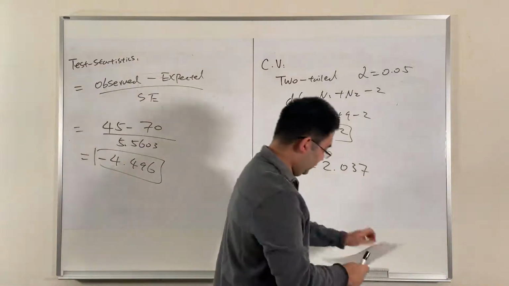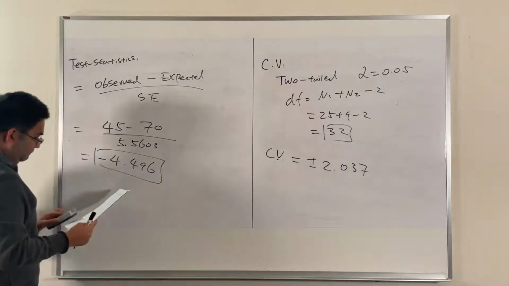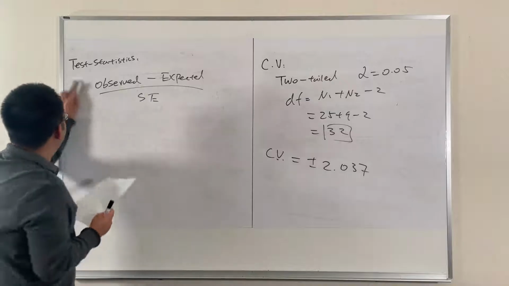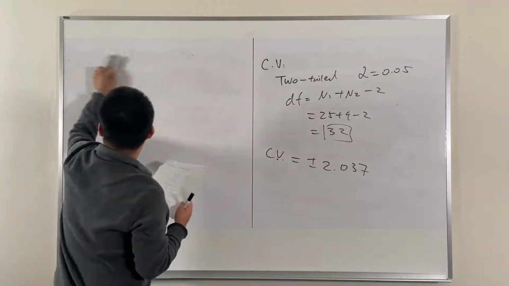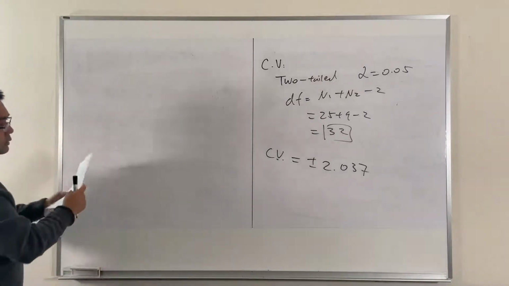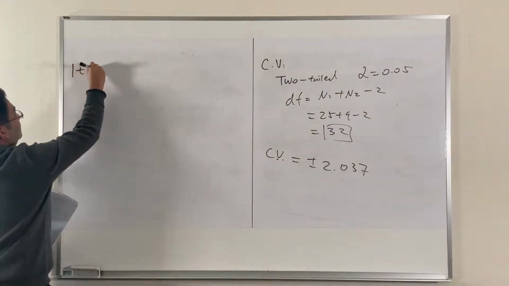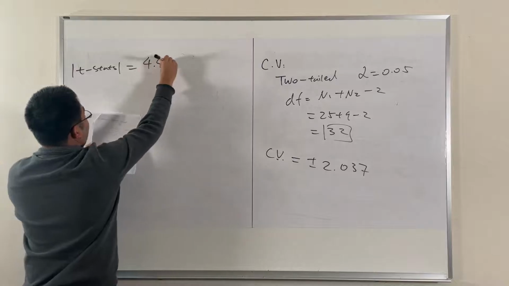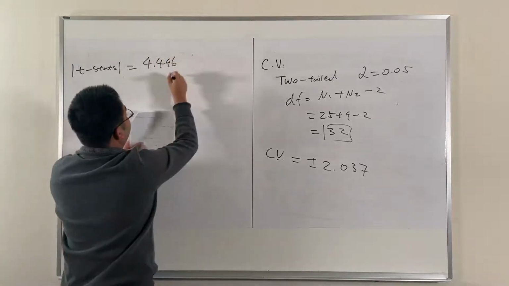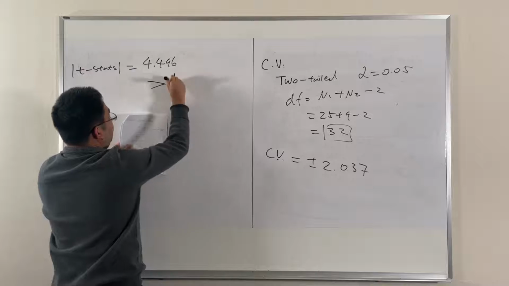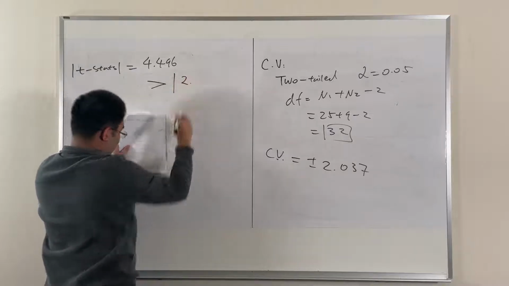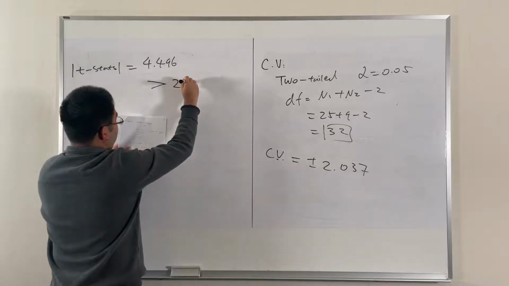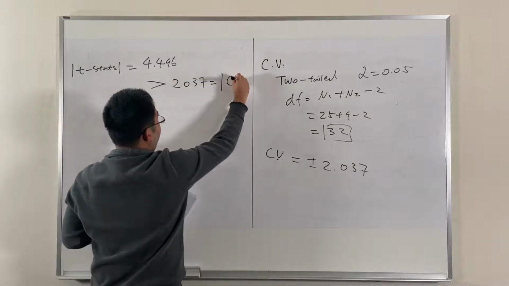So we have our test statistic and our critical value. Now we can do the comparison. Our test statistic in absolute value equals 4.496, and this is greater than the absolute value of the critical value, 2.037.